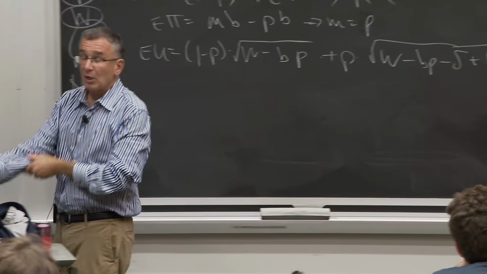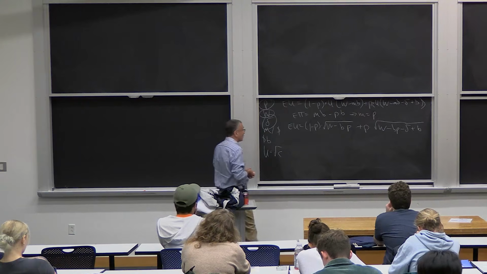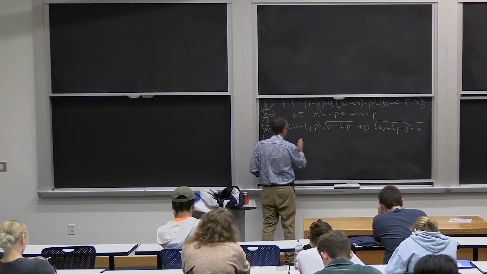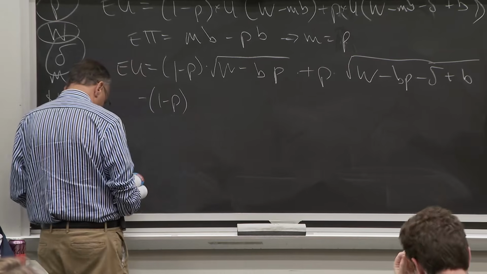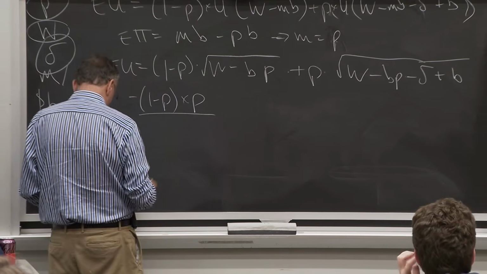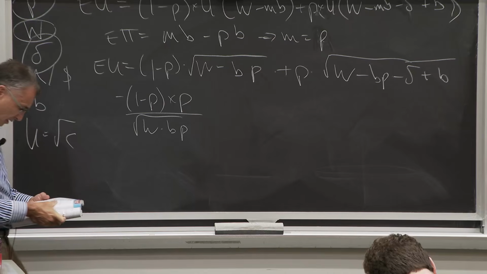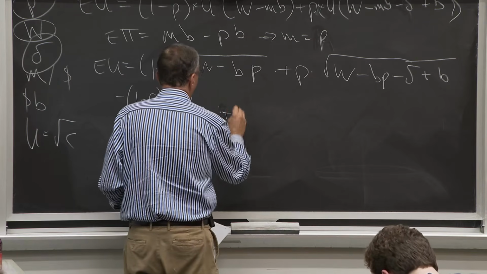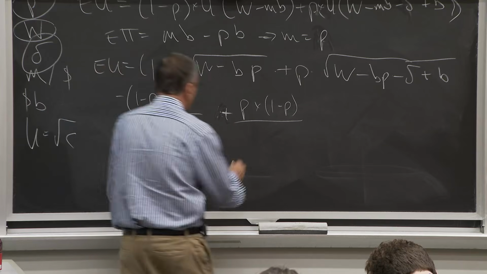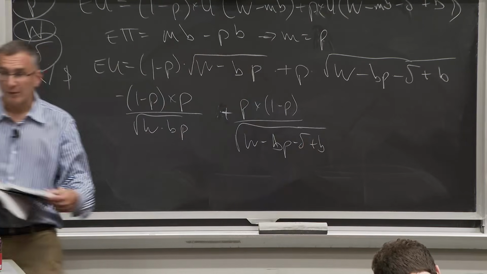And if you want to ask what the optimal benefits are, if you take the derivative of this with respect to B, you're going to get minus (1 minus P) times P over the square root of W minus BP, plus P times (1 minus P) over the square root of W minus BP minus delta plus B. That's what you get when you take the derivative of this equation.